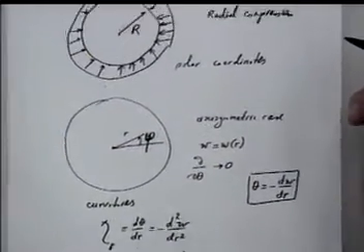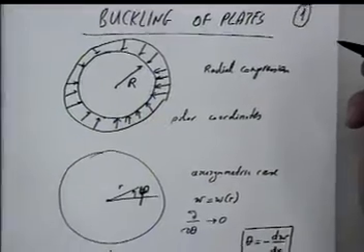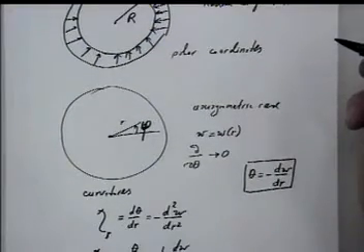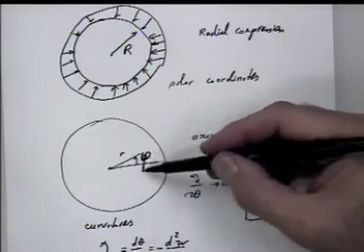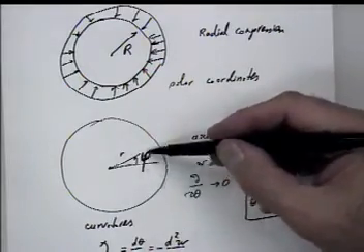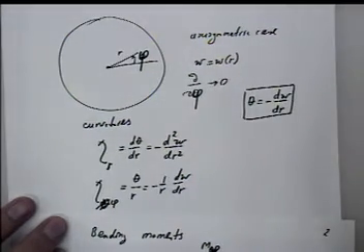Okay, so as I said, we are dealing with buckling of circular plates, and we have this radial coordinate and circumferential coordinate phi. d d phi here equals 0 because we talk about axisymmetric case.